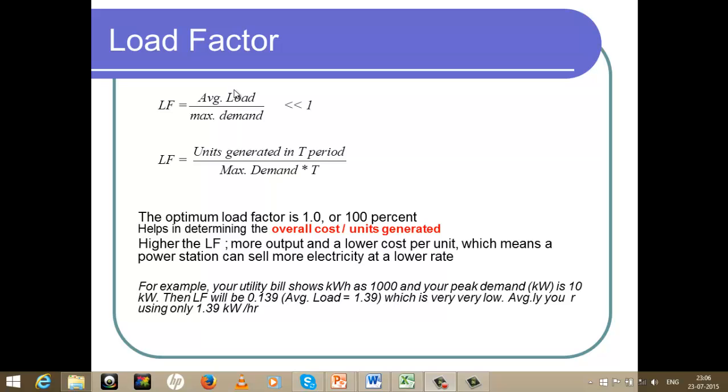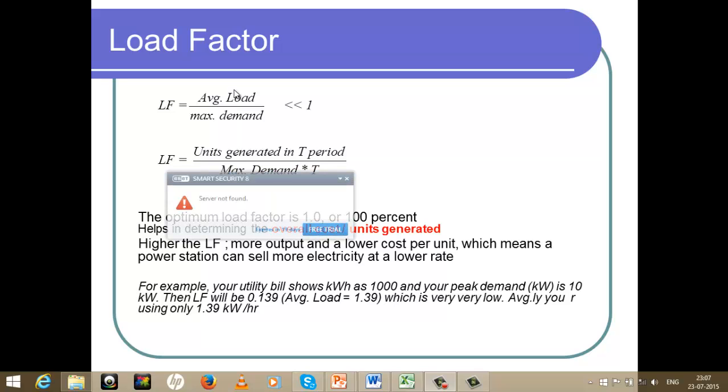In other words, if the consumer needs all the time 70 megawatt of power, and only for a few hours needs 80 megawatt of power, then your load factor is around 0.8 or above 80%.